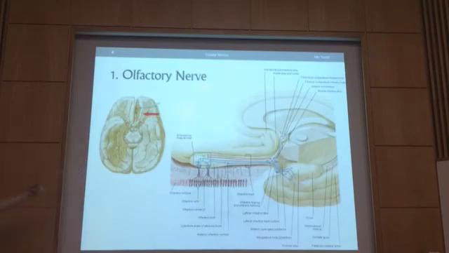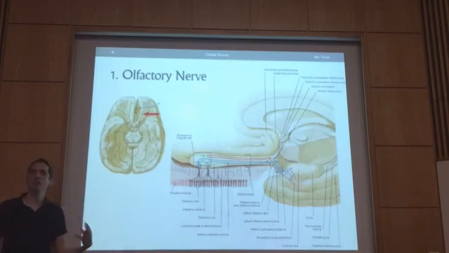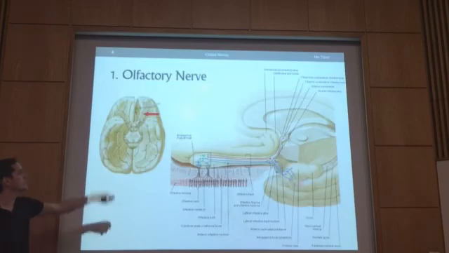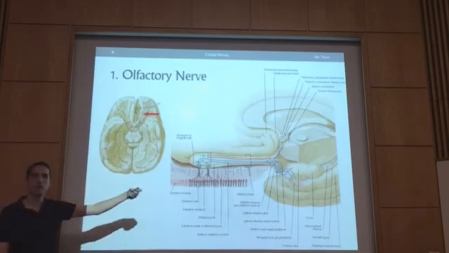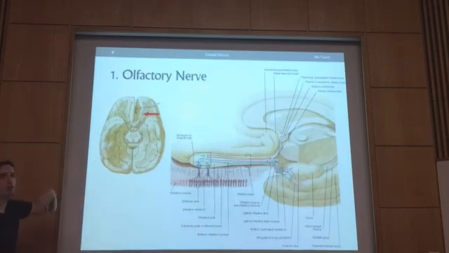And it's not clear what the role of the medial stria is. And the end point of this information is in the primary olfactory cortex. And the primary olfactory cortex is inside this area they call the uncus, along with the parahippocampal gyrus. This is the uncus.